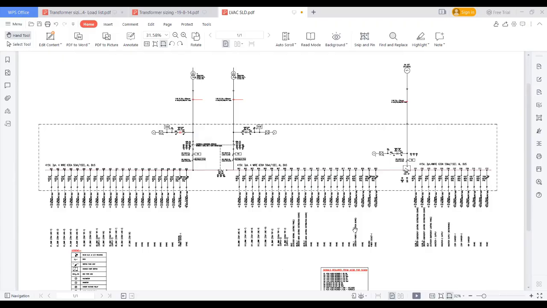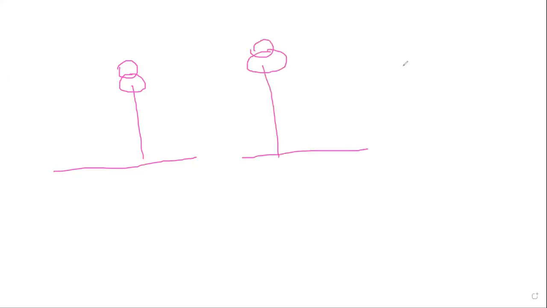In a simple way, let me draw it here. One transformer is feeding these loads, and one more transformer is feeding these loads, and I have a DG set which is feeding some emergency loads. Now, first, let's see this.